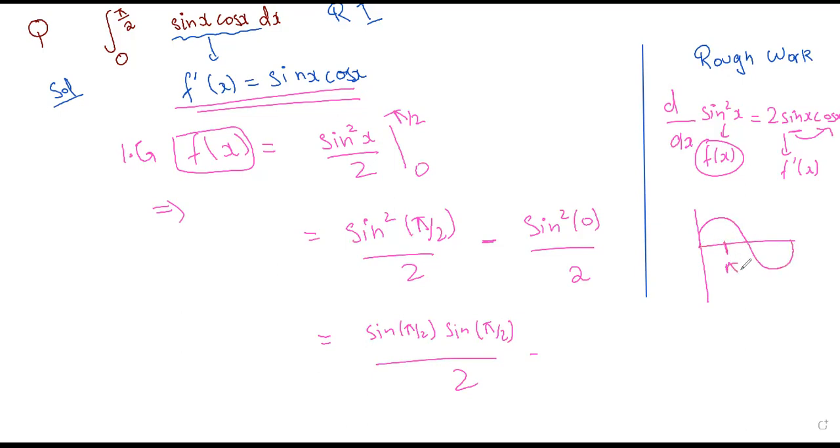This is pi by 2 and this is 0. So at 0, sine is 0. So this would be 0. And at pi by 2, it is 1. So it would be 1 into 1 by 2. That is 1 by 2. Right? Do you understand? Yes. 100%? Yes. Okay.